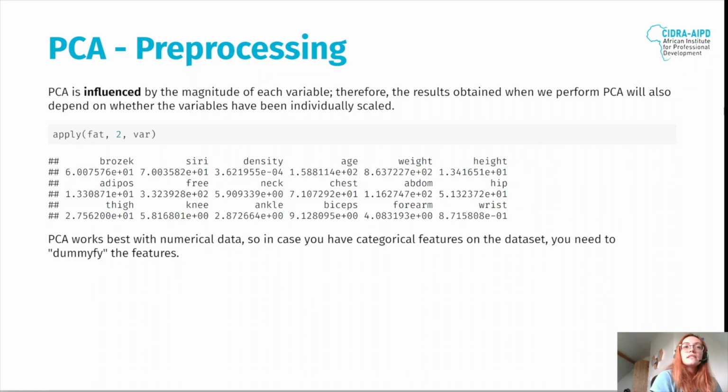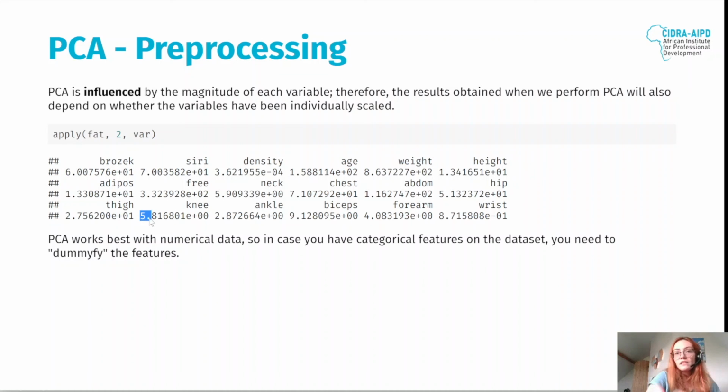You can see I'm using the function apply. I'm passing the data set, fat, 2 means columns, var means that I'm applying variance. I'm checking the variance of the data. We can see here that we have a lot of variance. The variance of this one is like 60, but others is 5.